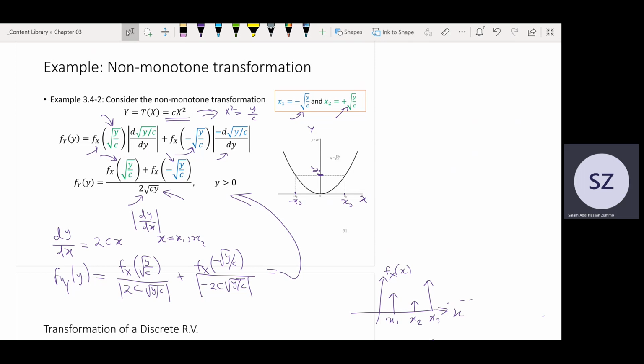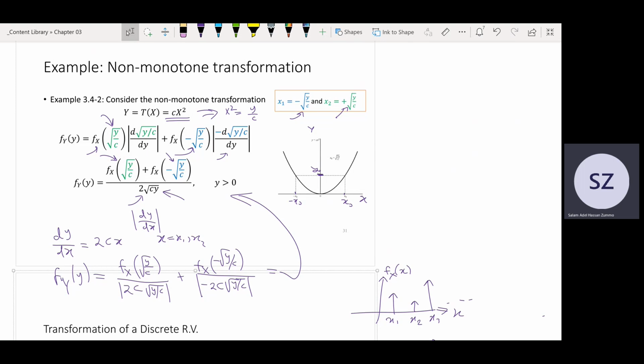Now, if you have a discrete random variable x, then the probability of y equal y0 will be equal to... what is the corresponding event? When does y equal y0? When x equals minus x0 or x0.